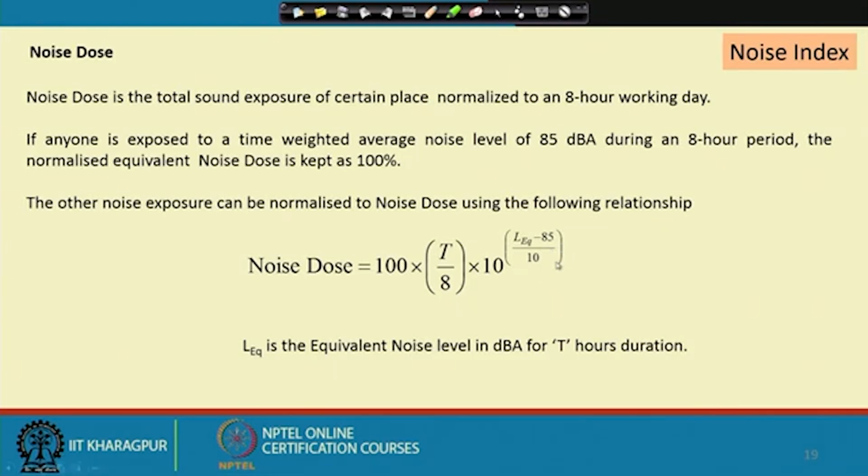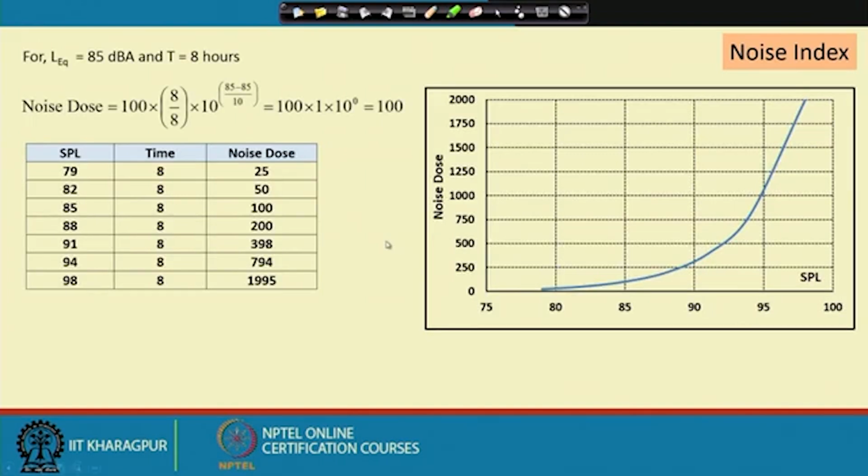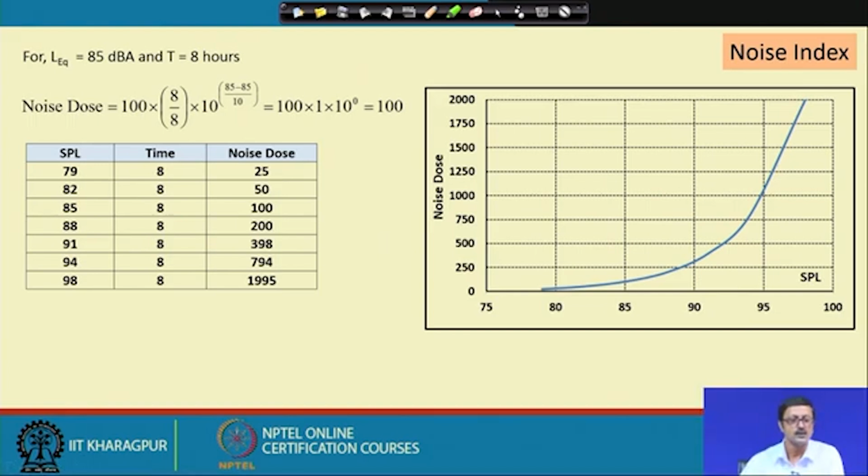I have it in this particular slide. Suppose I have SPL levels 79, 82, 98 like that, and all are exposed for 8 hours duration. Suppose I have taken 85 and 8 hours.